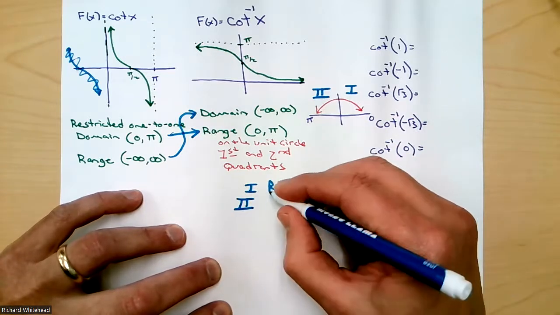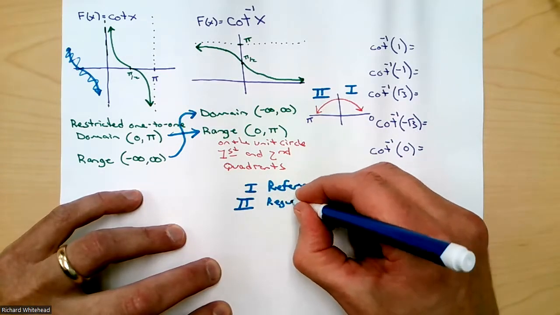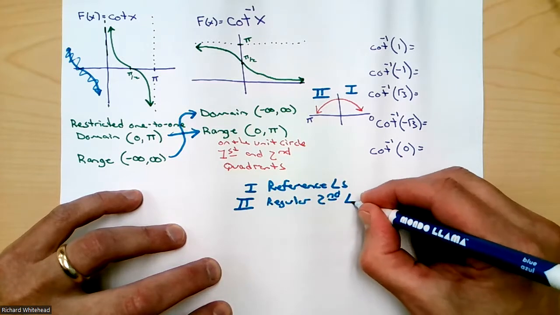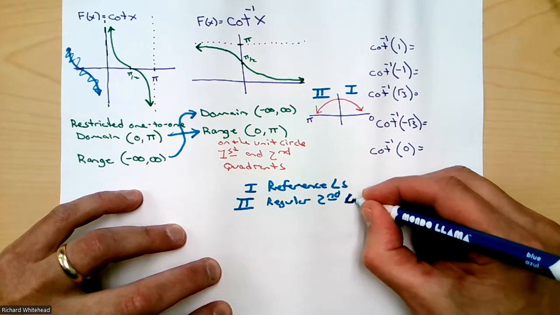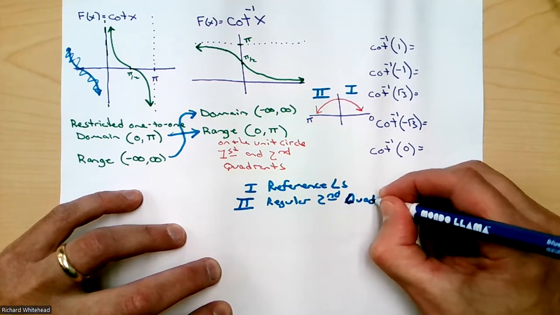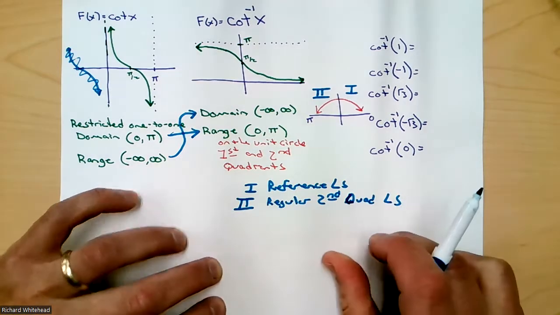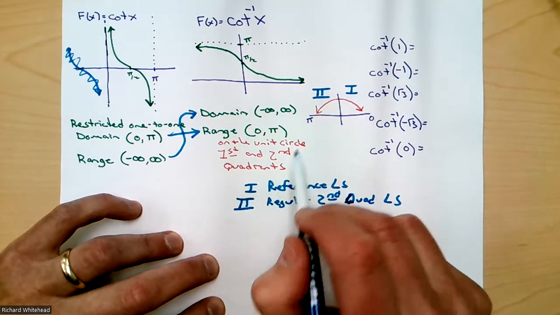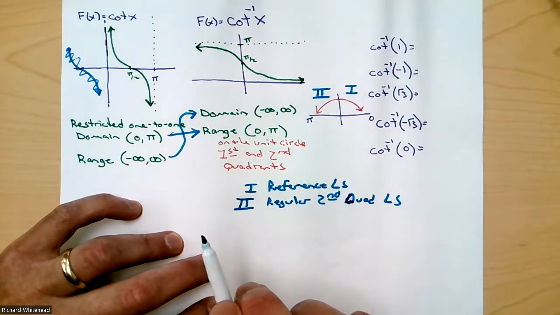Second quadrant is just the regular second quadrant angles. So cotan has the same restrictions as cosine and secant, first and second quadrant.